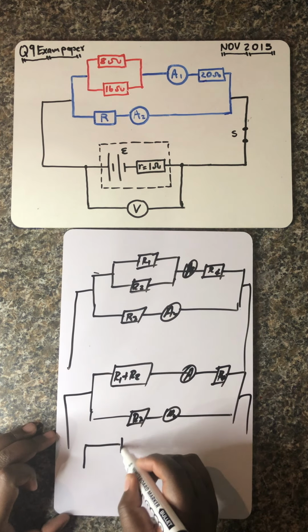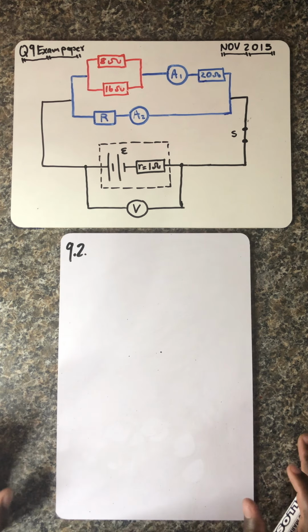So now let's move to the second question. The second question says calculate the reading on ammeter 1, okay? This question is allocated 4 marks. Obviously, guys, there was no need for us to mark the first question. It's obvious it's allocated 2 marks.